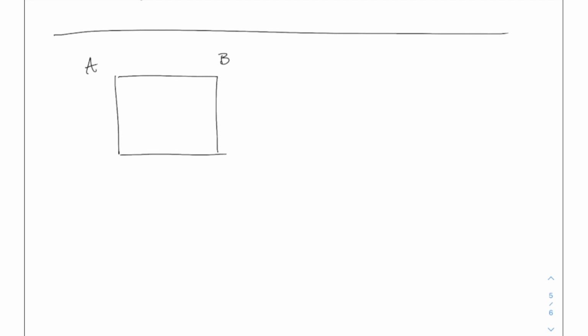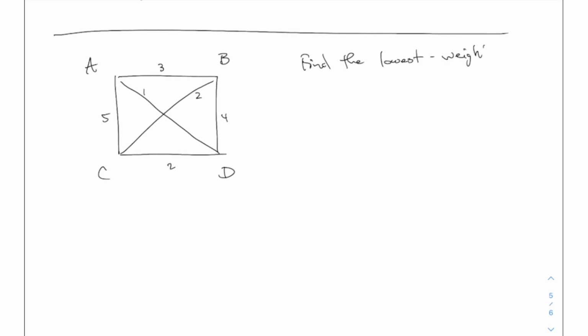This is totally abstract. Let's say I have 4 vertices, A, B, C, D, and the weights go like this. 1 here, 3 here, 2 here, a 4 here, a 2 here, and a 5 here. All right, and your job is to find the lowest weight Hamilton circuit starting and ending.